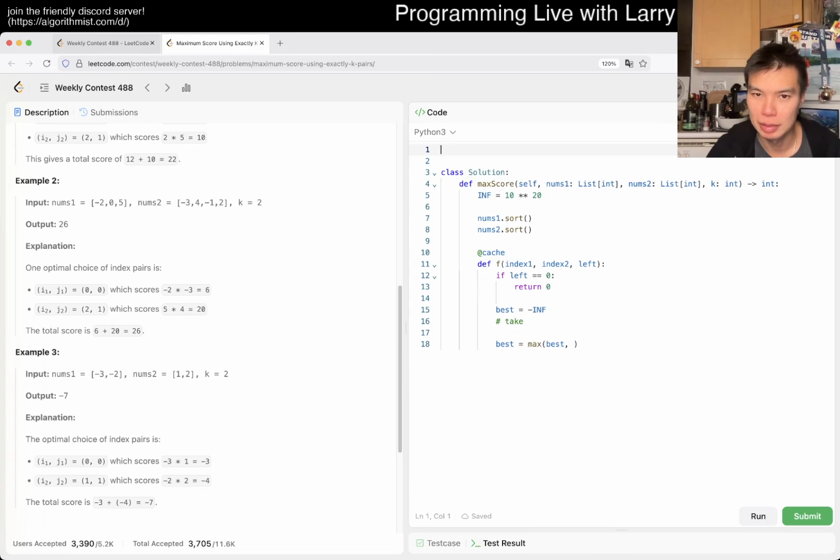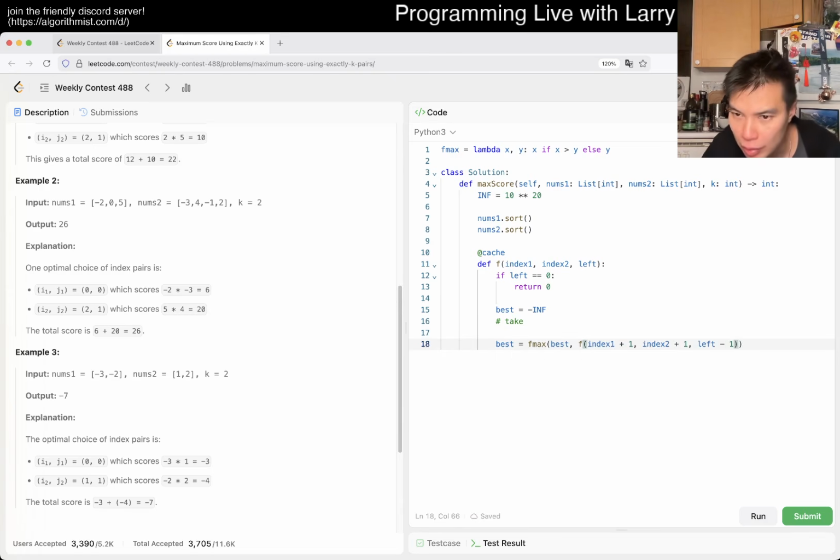What am I doing? Let's see. So we take. I think if left is 0, it already errors out.